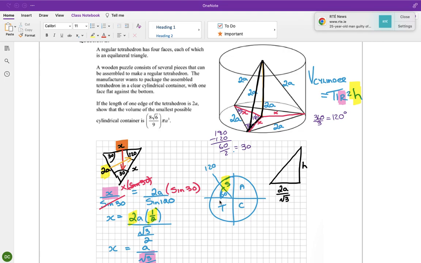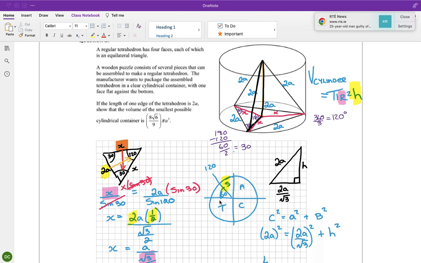This is the height, which I don't know, and I know that this is 2a because that's one of the original equilateral triangle, and this is right angled. So I should be able to just Pythagoras this. So c squared equals a squared plus b squared. 2a squared equals 2a over the square root of 3 squared plus h squared.